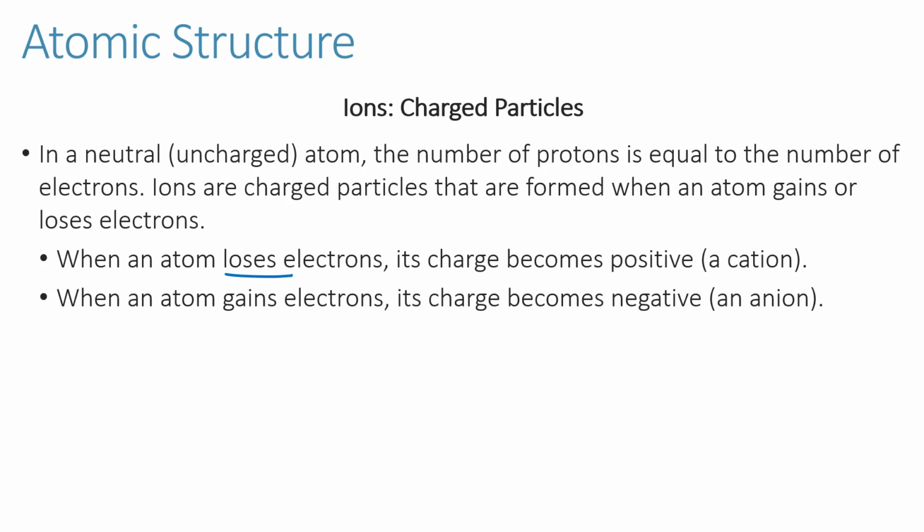If you lose something negative, you're going to become positive. We call that a cation. You see how there's this t in cation that looks like a plus sign? So a cation is going to be a positively charged particle. If it gains electrons, it's going to become negative. We call this an anion.